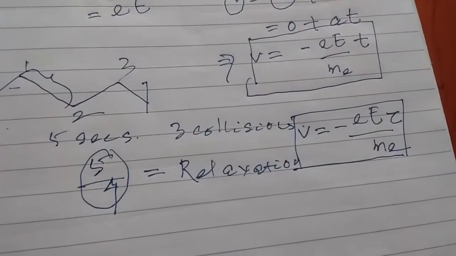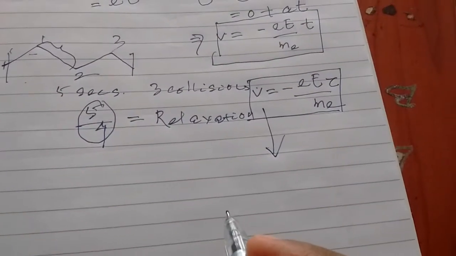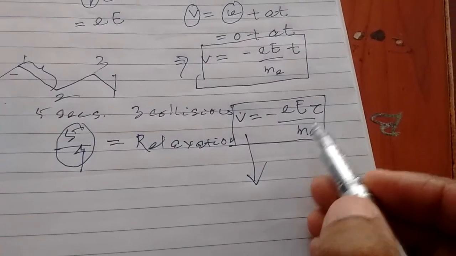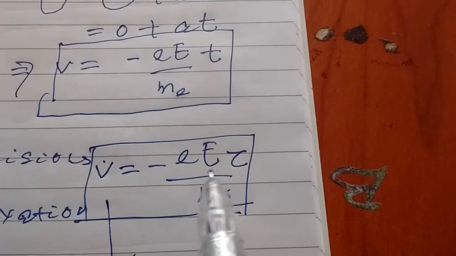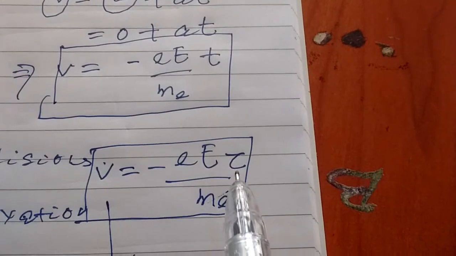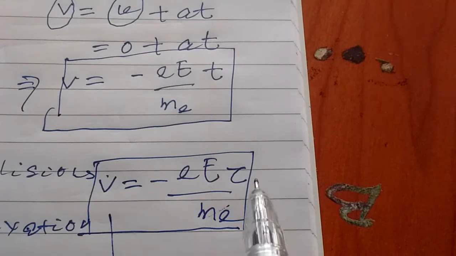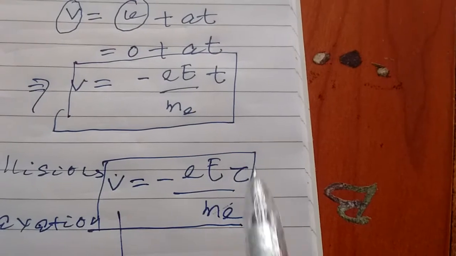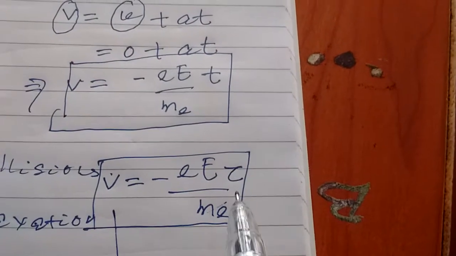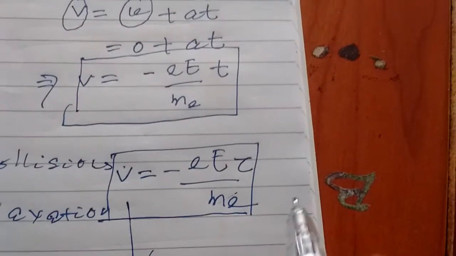Now this v is independent of the time factor here. You can see here, e is the electronic charge, E is the applied electric field, tau is the relaxation time, m is the mass of the electron. These are constants. For a material the relaxation time is constant because it depends on its internal structure.